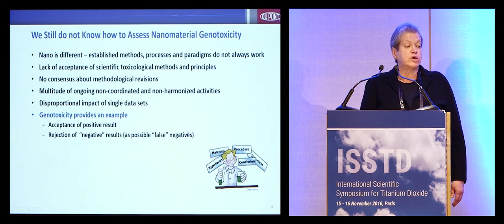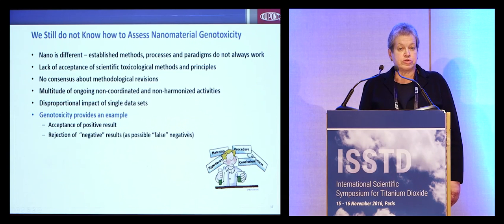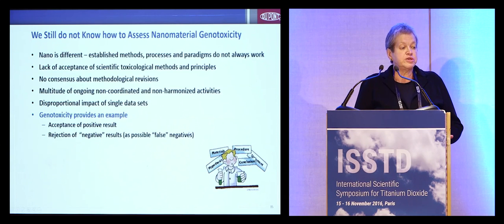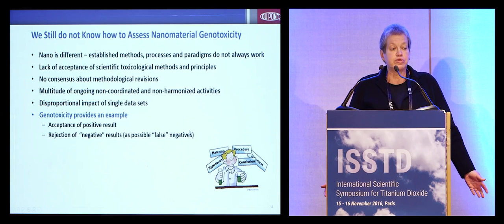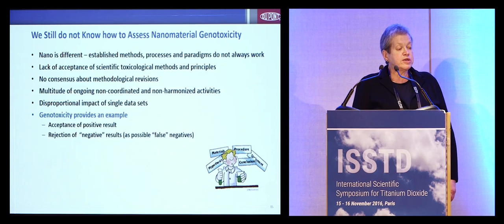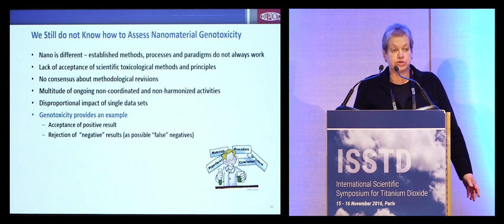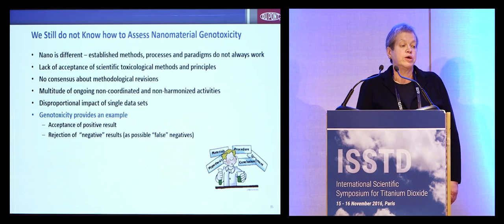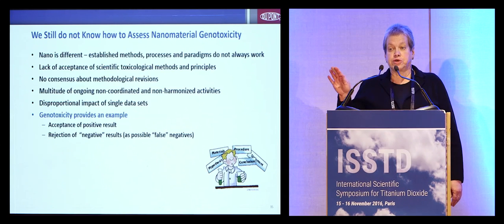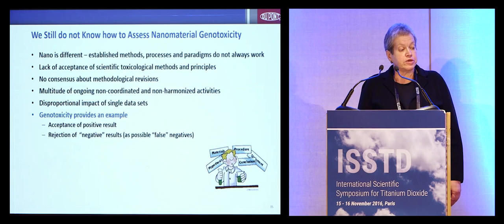So we still don't know how to assess nanomaterial genotoxicity. Nano is different. There are established methods, processes and paradigms. They don't always work. There is a lack of acceptance of scientific methods and principles. I think that was mentioned just a few minutes ago, actually, how any positive result tends to overshadow even many negative results.